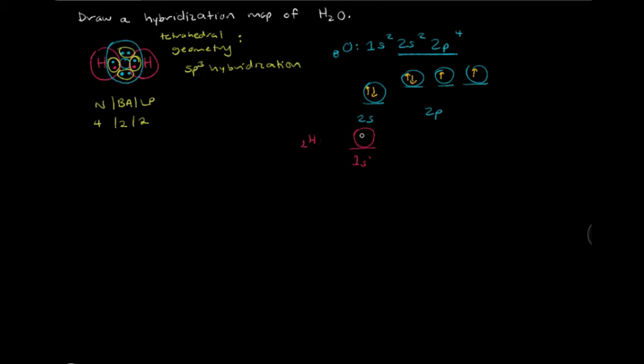But the idea here is that there are 2 lone pairs, and there are these 2 orbitals that represent the 2 lone pairs. And these 2 non-bonding electron pairs that we showed here need to be the same energy as the bonding electron pairs, which will constitute the sigma bond. In order to make them the same energy, we need to decrease the energy of this p subshell and increase the energy of the s subshell.